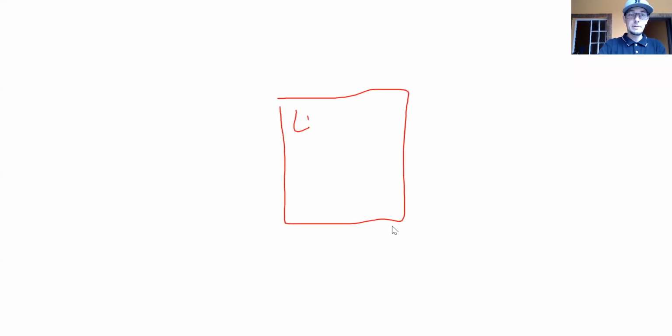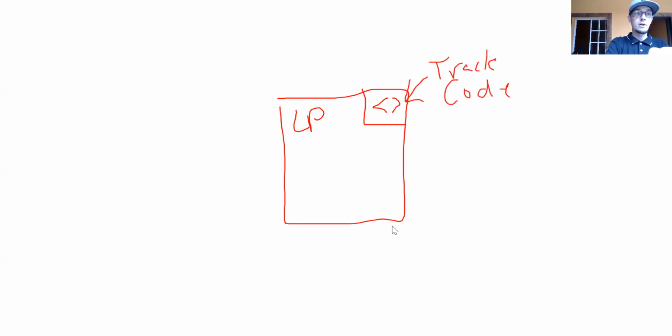All right, so Omni-Presence Marketing simply is, let's go ahead and do this. We have a landing page. Right here, we have tracking code. Okay, over here we have Facebook ad.